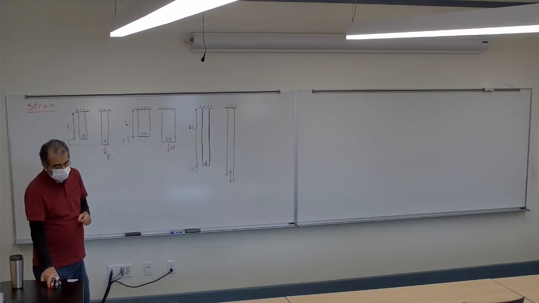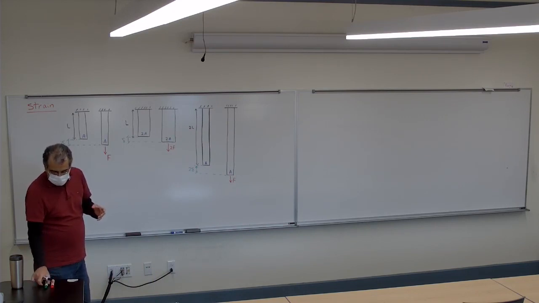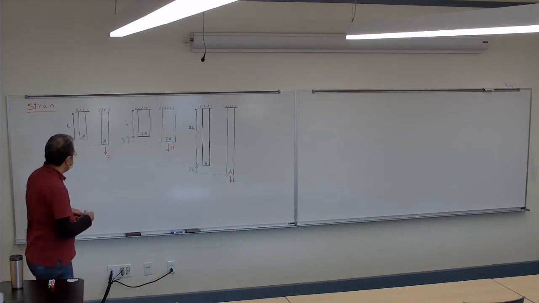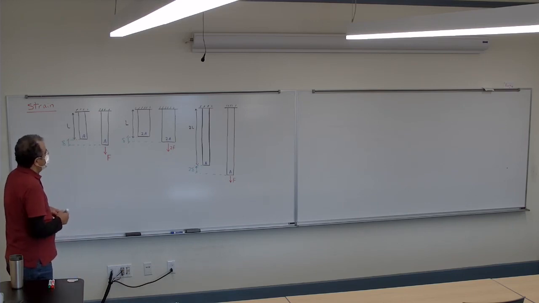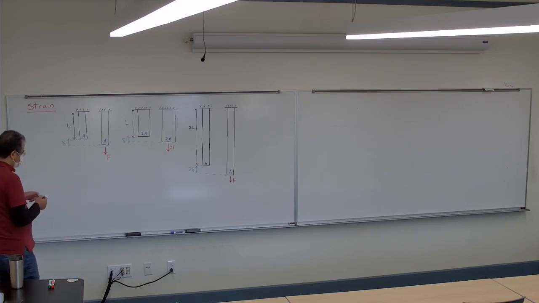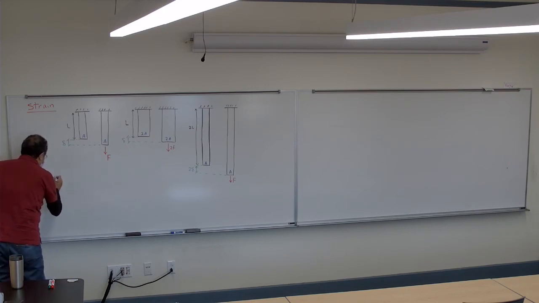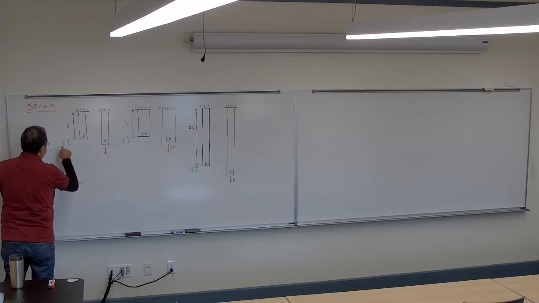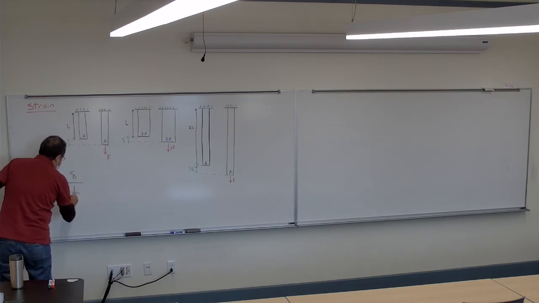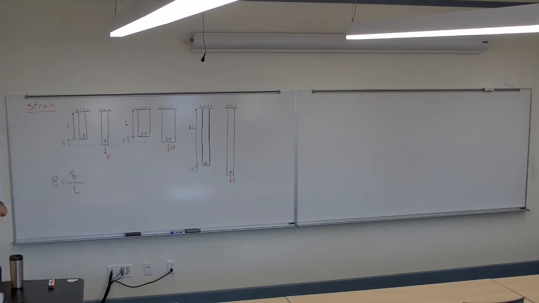So we are gonna go ahead and say, something we call strain. And instead of having that, we are gonna divide the delta by the L. So in this case, I don't need to know how much is the length.